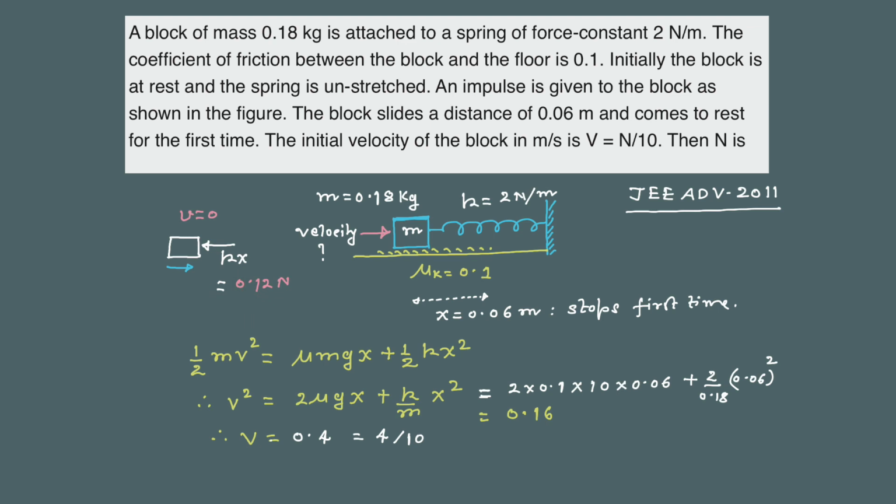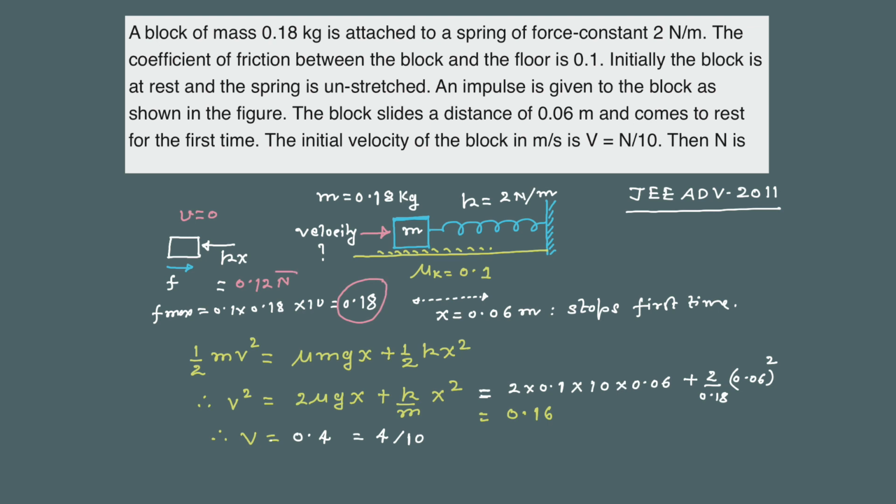Let us check the maximum value of friction which it can act. Maximum friction is mu mg. Mu is 0.1, m is 0.18 and g is 10. It is going to come 0.18. 0.18 is the maximum friction.